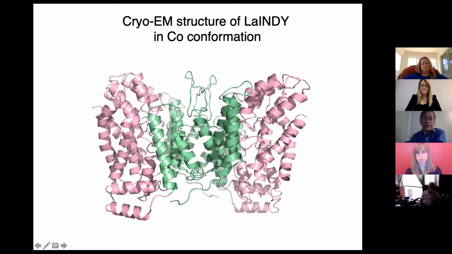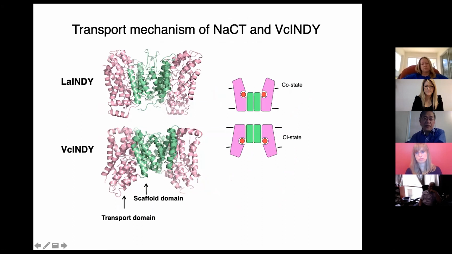You can see the dimerization domain sits in the middle, and then you have a transport domain moving in a different state. If you compare this new LA-IND structure in an outward facing state to the base-IND structure in the inward facing state, you see the transport domain move from a down state to an up state, and the substrate binding side faces this side.